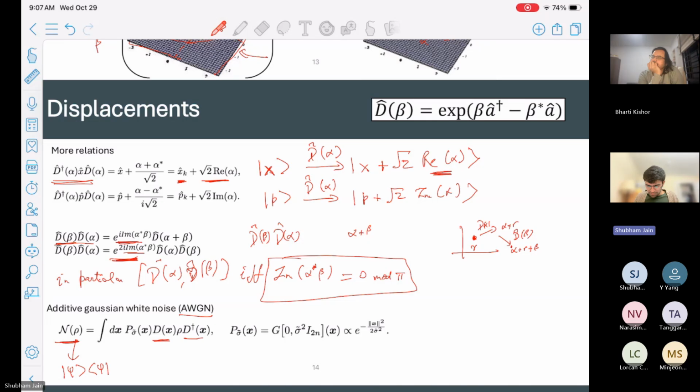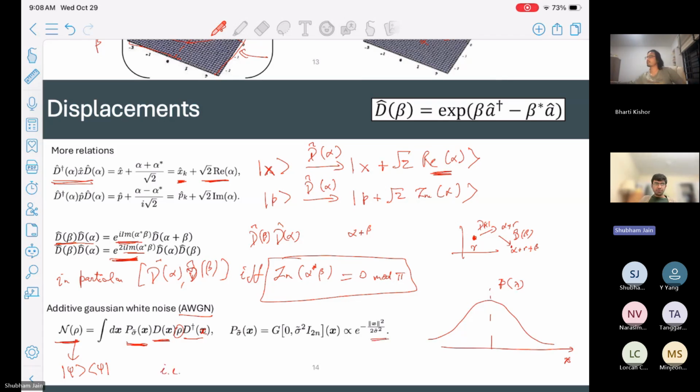It conjugates the density matrix by this displacement operator, and the amount of displacement has some probability distribution p sigma tilde. Now this p sigma tilde again is just a Gaussian, which means that if this was the probability of displacement x plotted against x, then it decays exponentially as you increase x, which means that the probability of large displacements is very, very low.